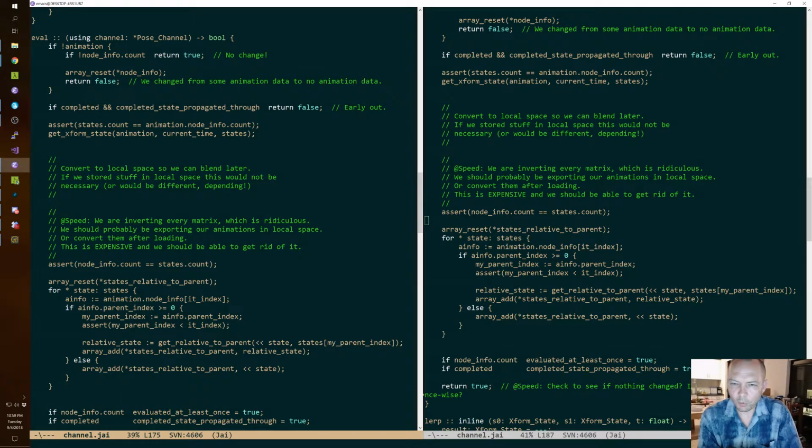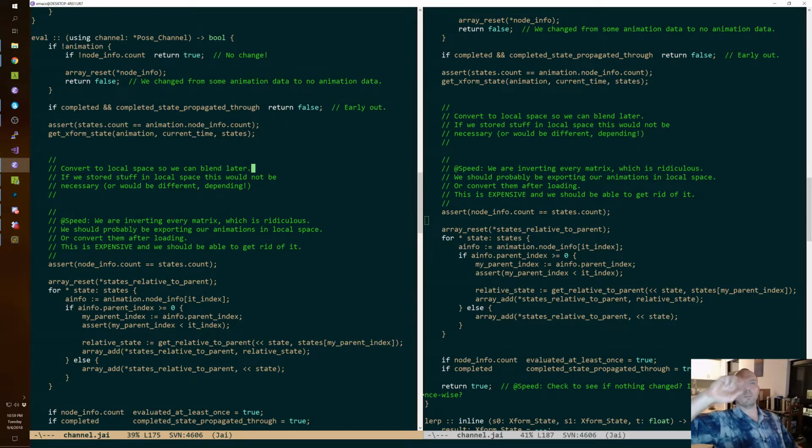If you have more bones, is it worse? I mean, I don't really know. It's hard to test that, but yeah. Do people understand? Do you know what I'm saying? Do people get what I'm saying here? The reason to store things in local space, or interpolate them, is they're a lot simpler, right?